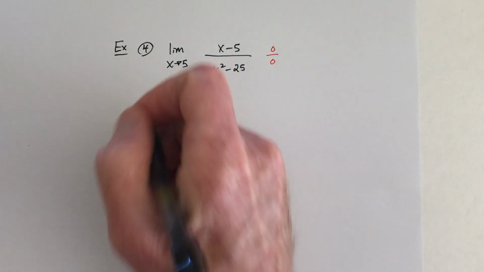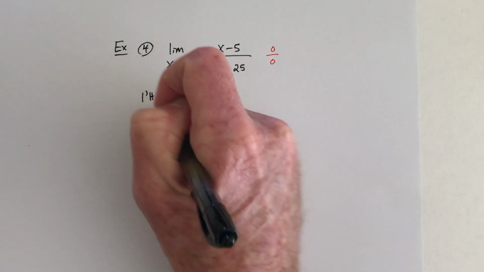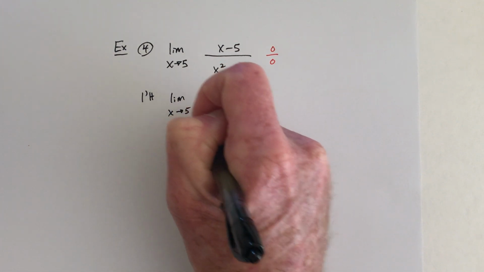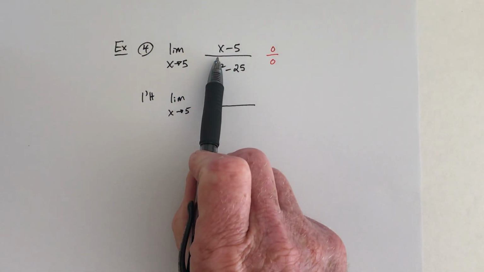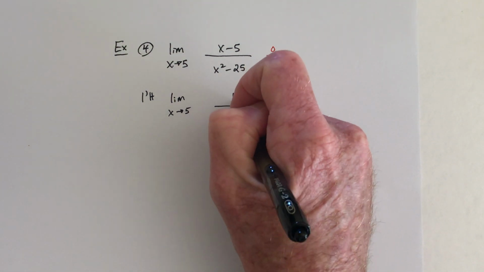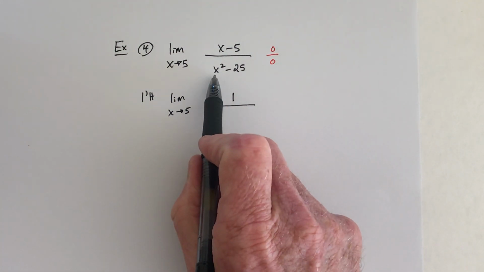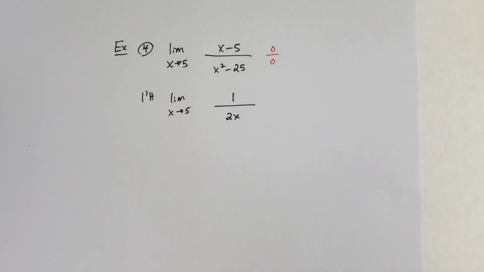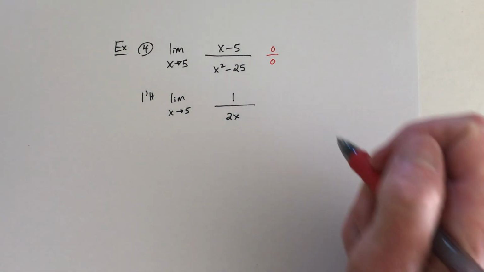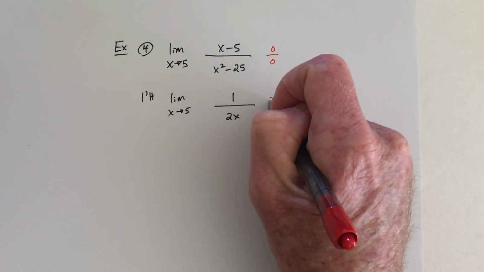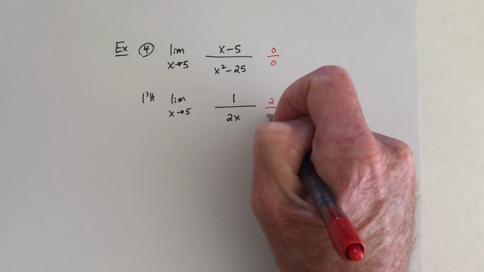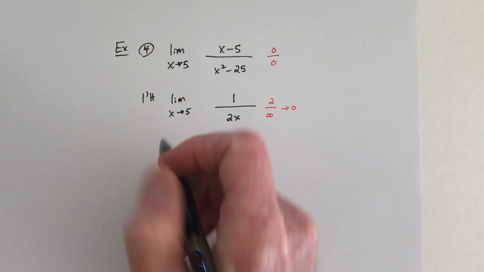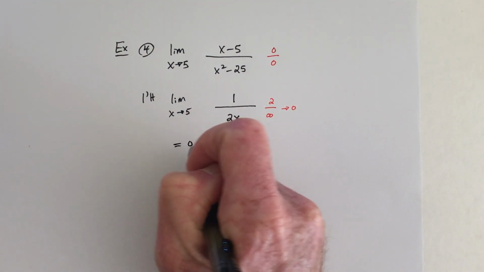So that means I am allowed to use L'Hopital's rule. And then the derivative of this x is just a 1. And on the bottom, the derivative of x squared is 2x. And then this, like the last one, is going to be a number divided by infinity, and then that goes to 0. So this one would equal 0.